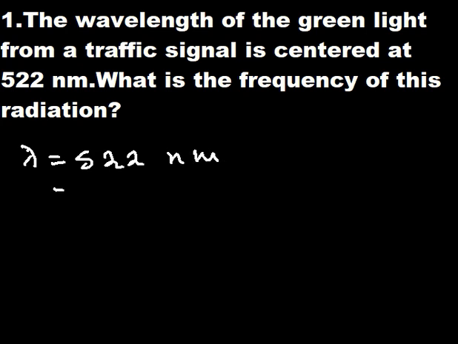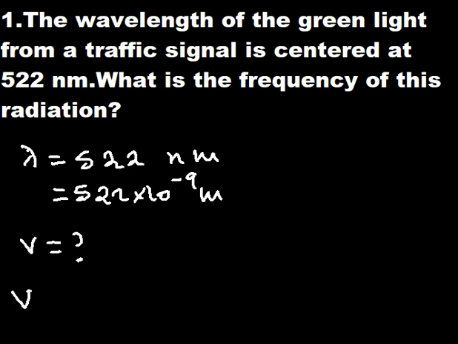Of course, it has to be in meters, so I just substitute the value of the prefix nano: 522 times 10 to the power negative 9 meters. That is in meters. And the question says we should find the frequency of the radiation. So what is the formula?